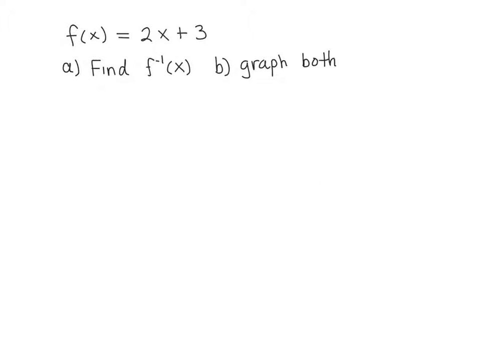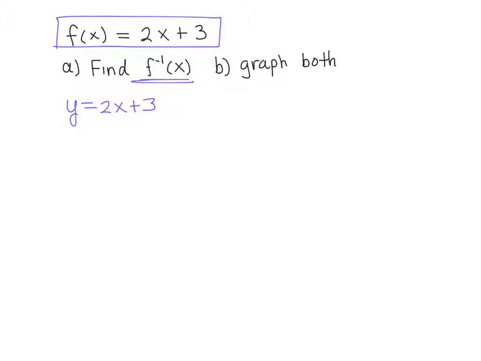Given f of x is equal to 2x plus 3, find the inverse and graph both of these graphs. So we talked about in the previous video that if you're given a function, the inverse function is an x and y being switched. So rewrite this function that's given, y is equal to 2x plus 3. Then second, switch x and y.